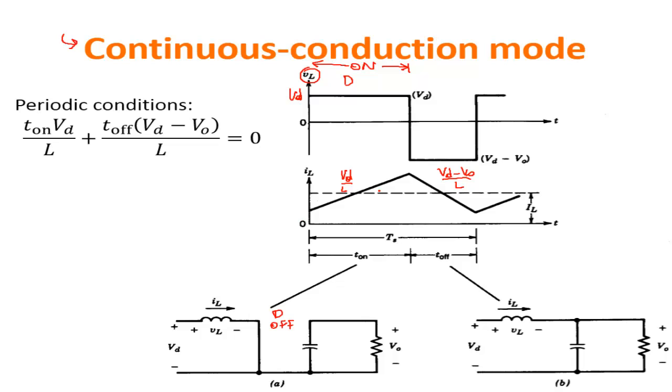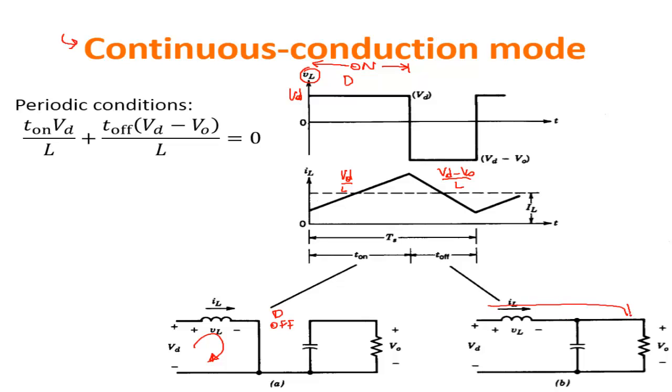This is the circuit. As I said before, this is the situation. The Vd is directly applied to the inductor because the switch is on, and the diode, of course, is off. During the following part of the period, you have a diode which is on, and so we are treating it as a short circuit, and then current goes through this direction.